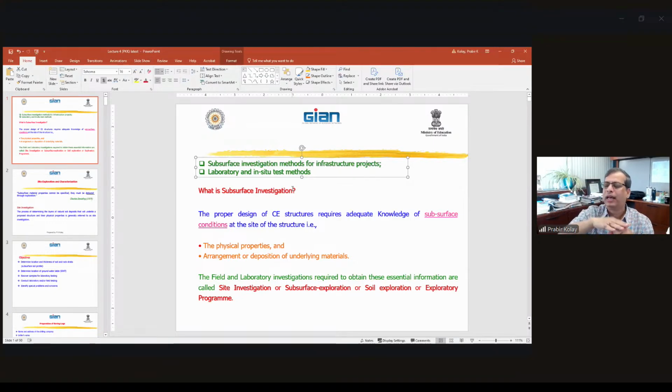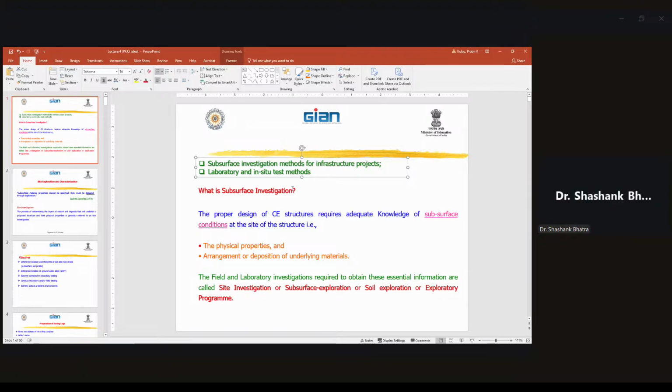We need to make a hole, and sometimes we need to use the borehole, and the receiver should be inside the borehole also. So there are different techniques. I can send some material to you, maybe, and then we can explain in much more detail. Okay, sir. Thank you.